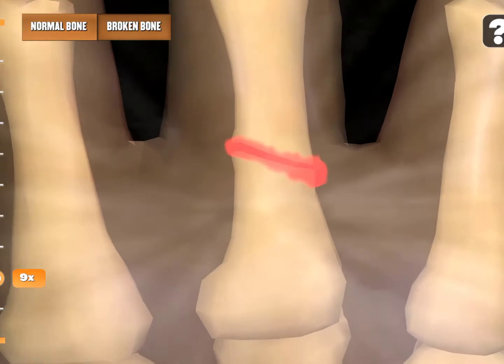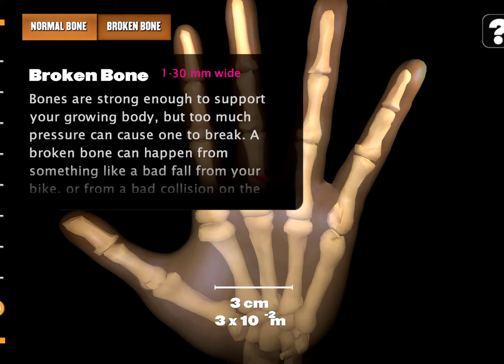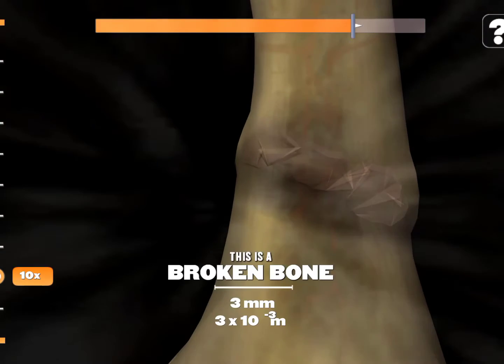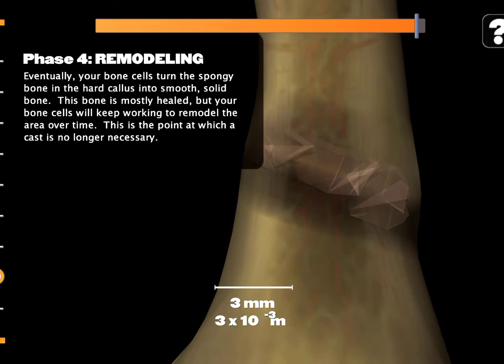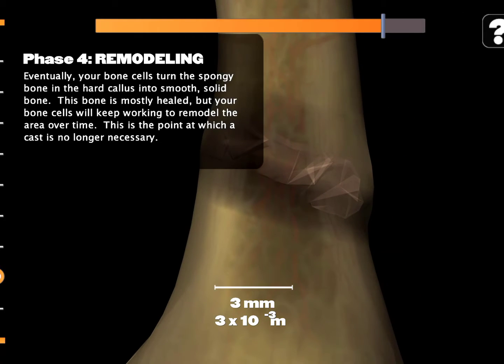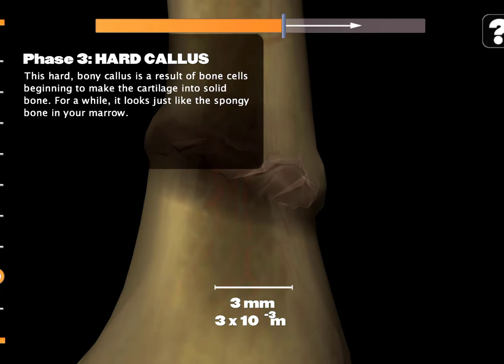You have the remodeling occurring, and let's go in further. It eventually becomes more and more like the original shape of the bone. The big thing is that remodeling; you can see it's coming out at the sides here.